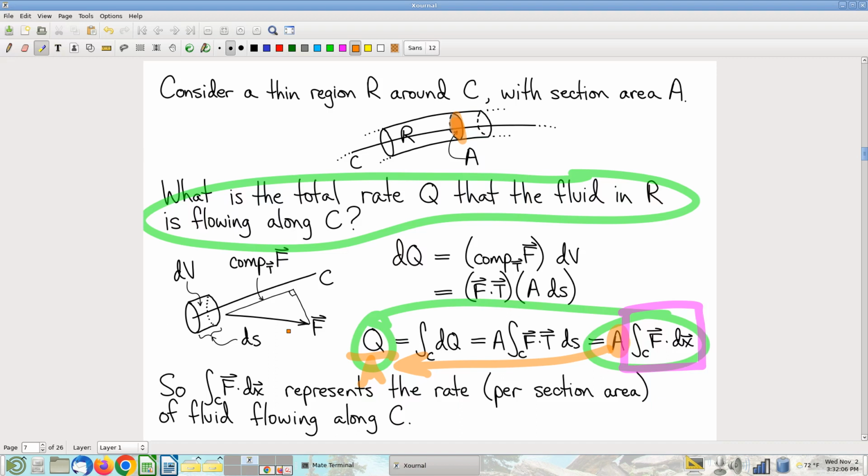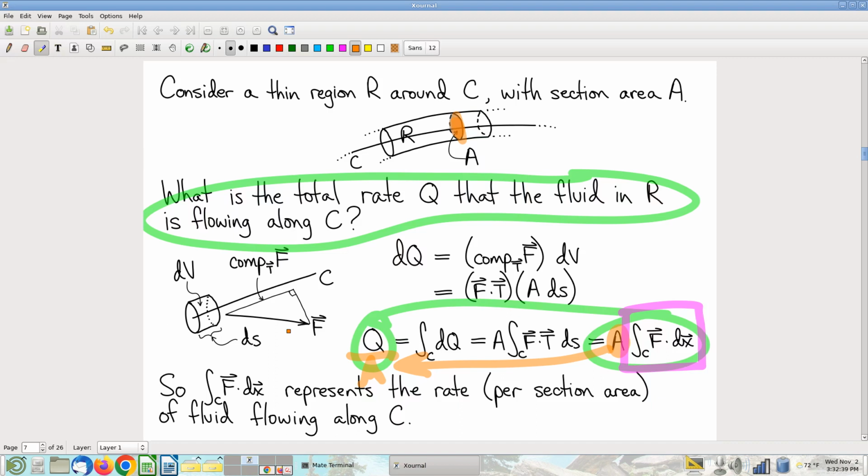Right? Our very first experience with line integrals was that it computes work. Okay, well, it computes work when the vector fields represent forces. So here we have an interpretation of line integrals where the vector field represents something entirely different, namely fluids. And the answer is that line integrals, in this fluid context, tell you, per unit area, of course, right? The bigger the area, the more, obviously.